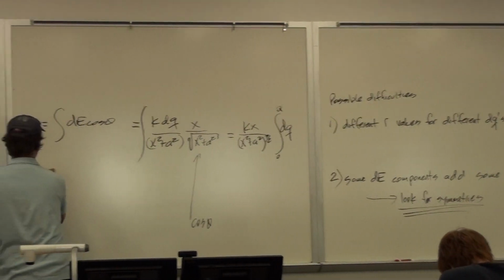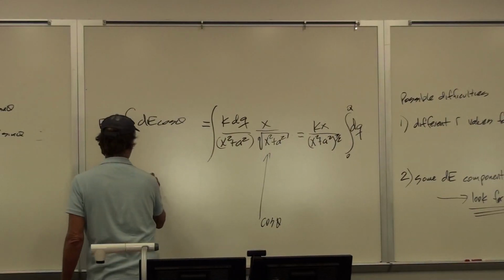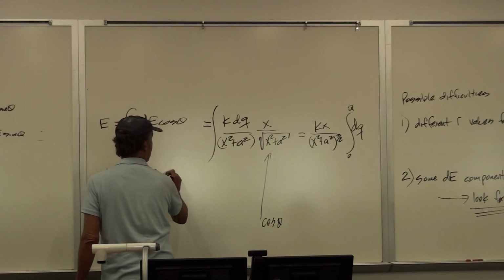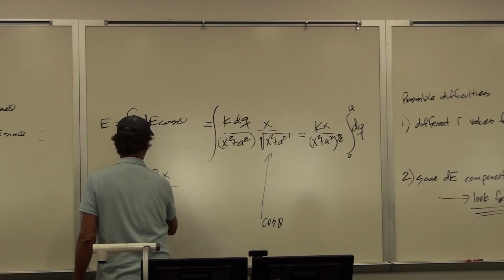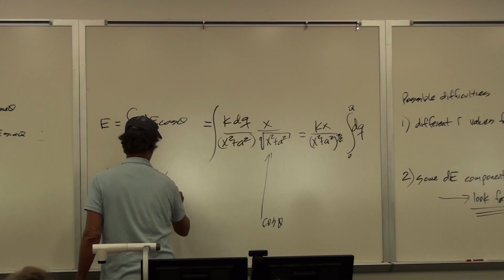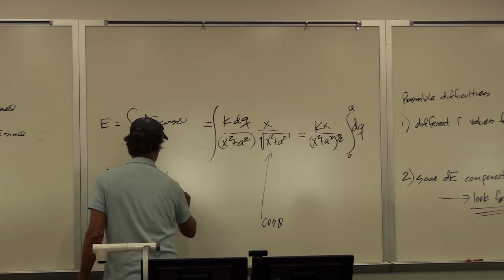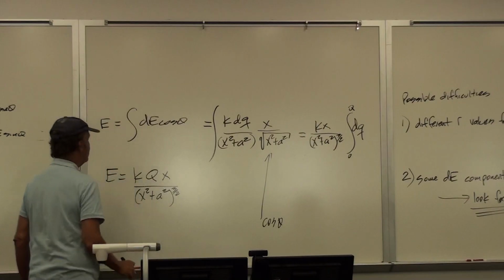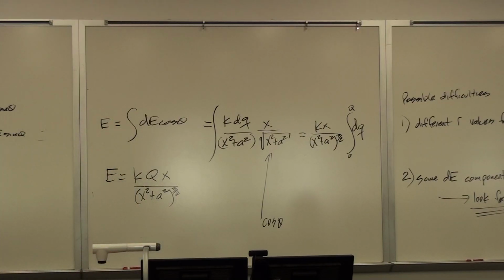So the electric field E then is equal to kQx divided by x squared plus a squared to the 3/2 power, times some unit vector that points in what direction? Good. So that would be our i hat direction.